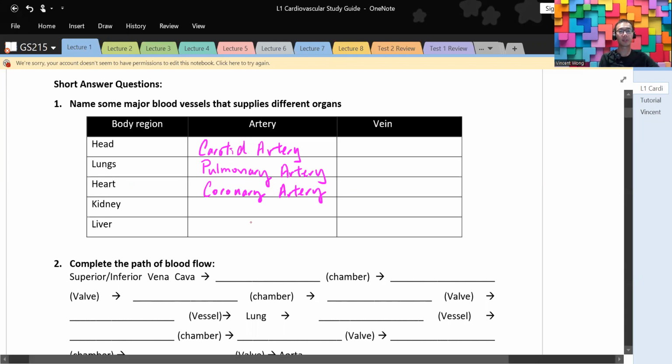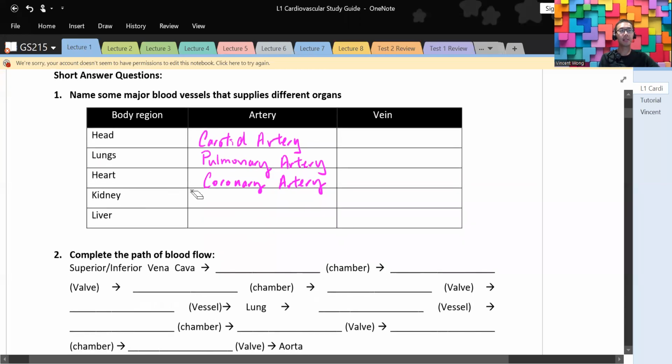So more on that later. Going to the kidneys, we have the renal artery. Okay, so from the abdominal aorta that comes down, it will branch to both sides of the body, creating the renal artery. I'll show you on a diagram in a second.